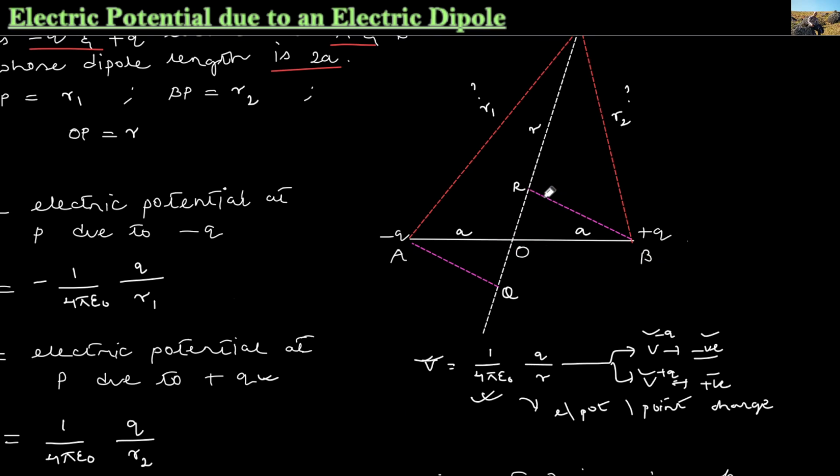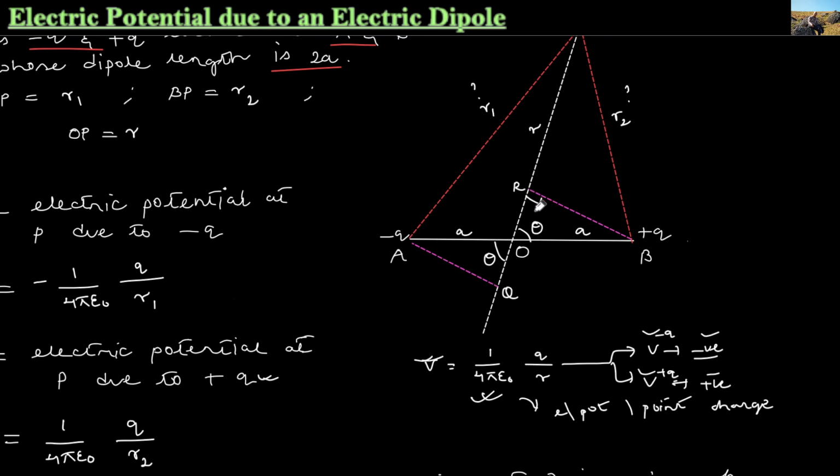In this triangle BOQ, it is evident that this angle is 90 degrees, and let us assume that the equatorial line OP with the center O of the dipole makes an angle of theta. If this is theta, that means this is also theta. So from this triangle, OB is equal to A.